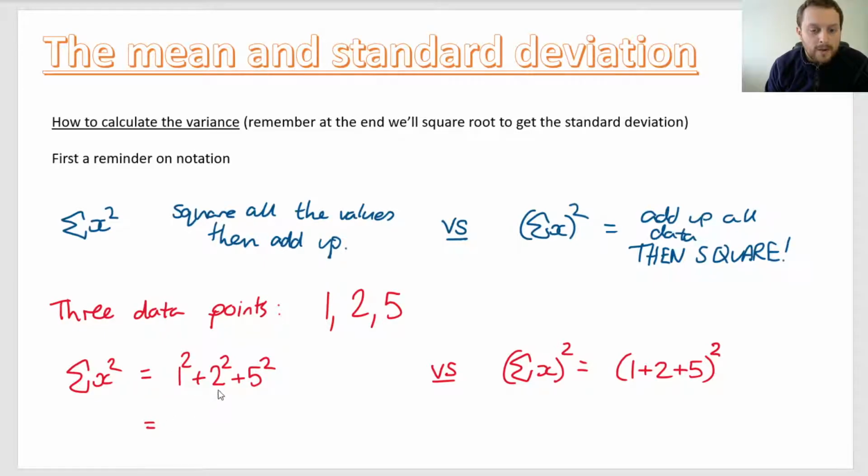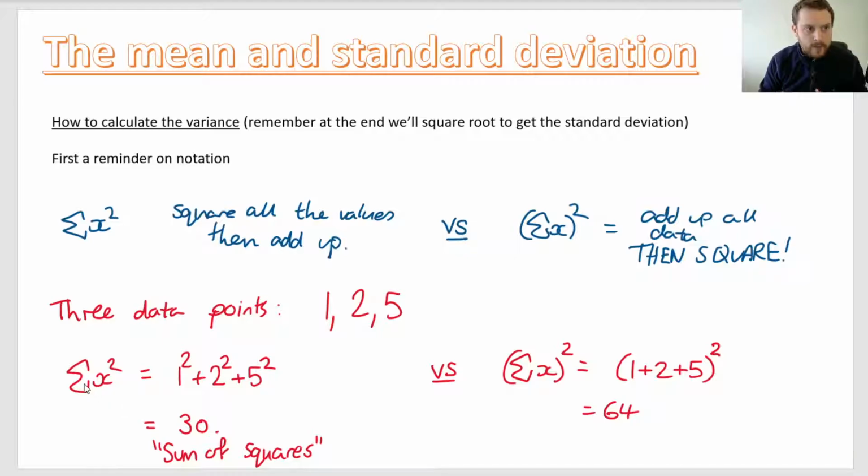So 1 add 4 is 5, add 25 is 30. So this would be the sum of the squares. Whereas, of course, this is 8 squared, which is 64. So it's different, and you do need to be aware of what this one here means. Okay, it's very important that you realize you're squaring all of the numbers first and then adding up.